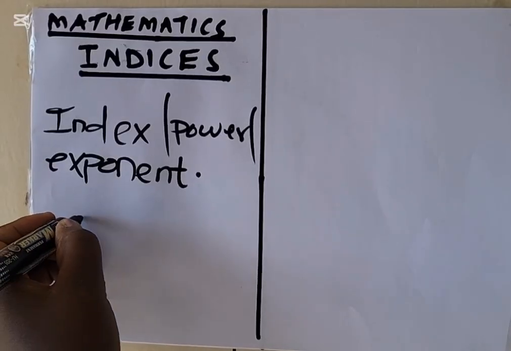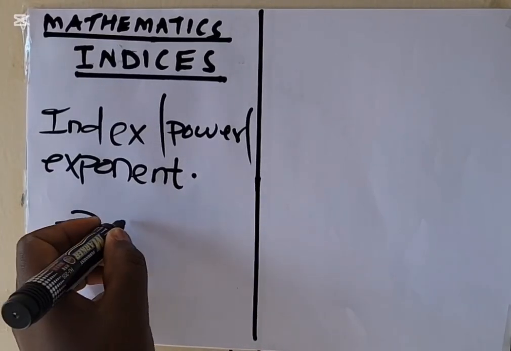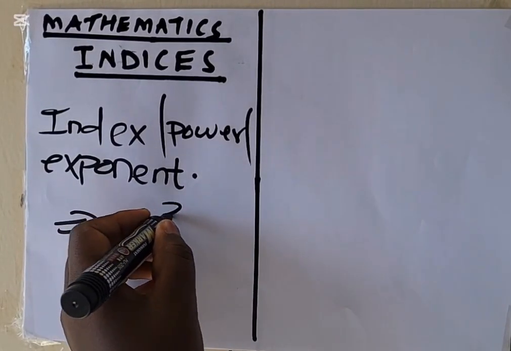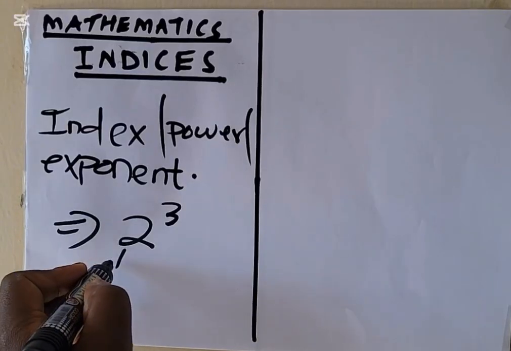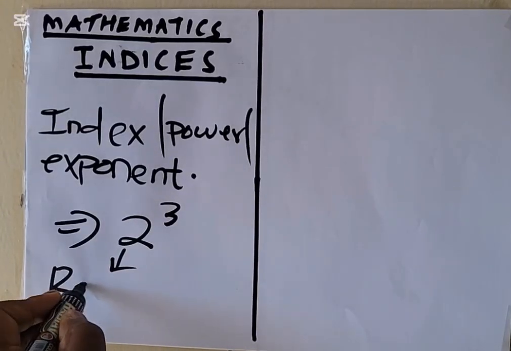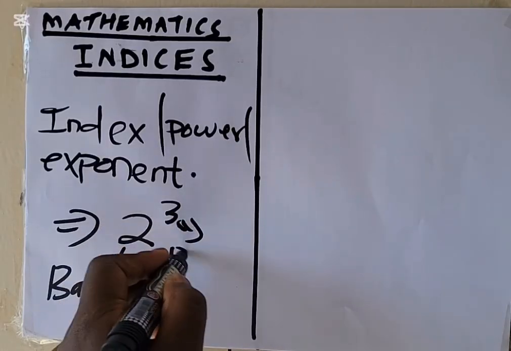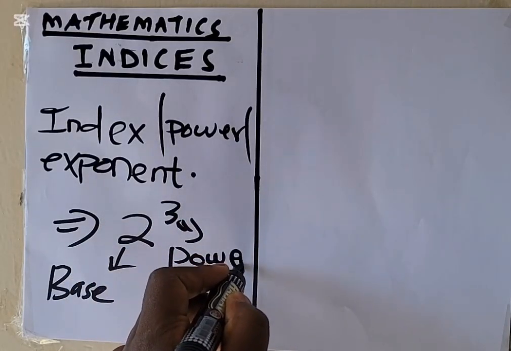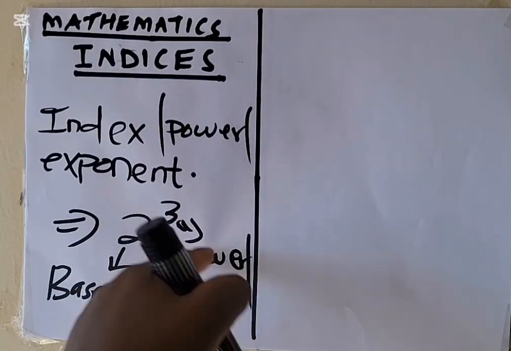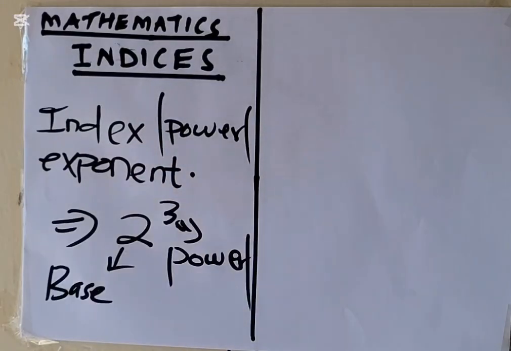Now, for example, if we have 2 raised to 3, this is the base. This is the power. This power is also called index or exponent.